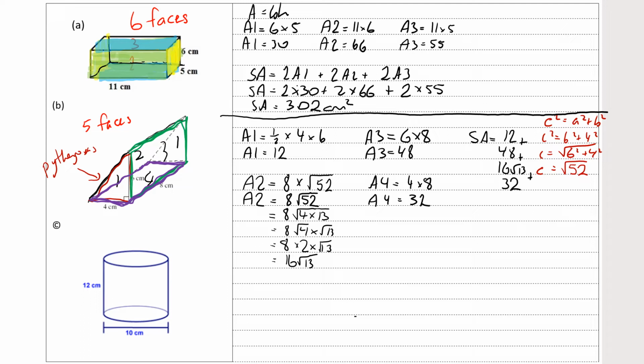We don't need to leave it in exact form. So we can just put it in the calculator just like that. If we were leaving it in an exact form, we'd leave 16 root 13 as an add-on to make it a separate like term, but we're just going to round to 2 decimal places.